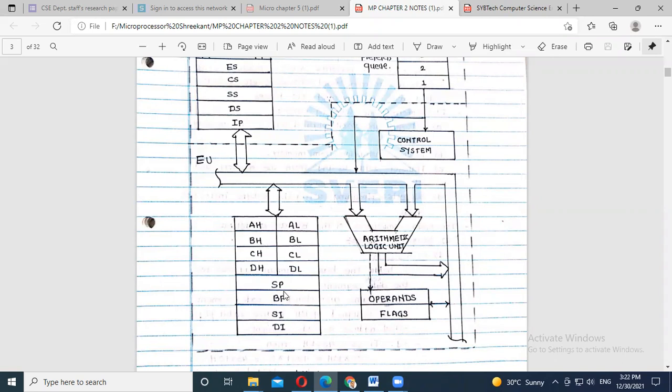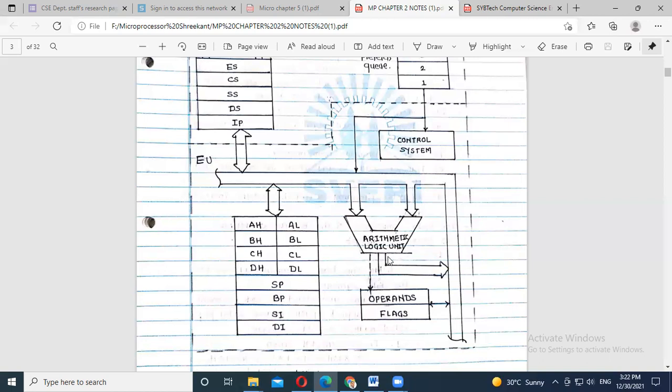A, B, C, D with H higher byte, A, B, C, D with L lower byte. Lower byte 8 bits and higher byte 8 bits, totally it becomes 16 bits. 8 plus 8, 16 bit. That is why 8086 is a 16-bit processor. And along with that, for manipulation of operations, data, and information, we use the stack pointer, base pointer, source index, and destination index.